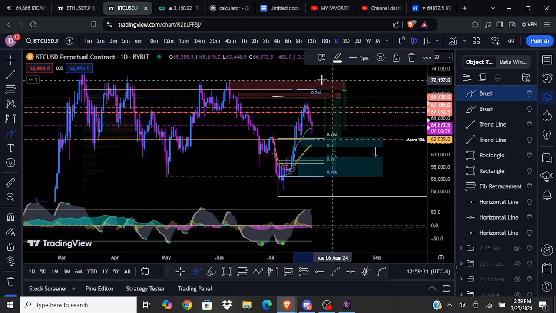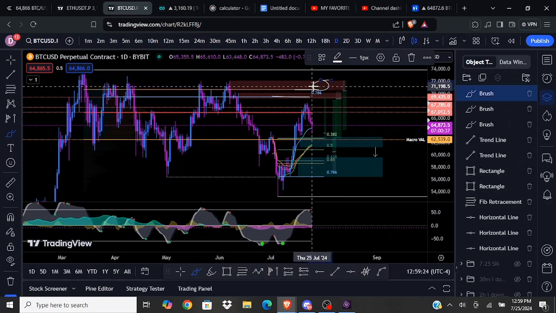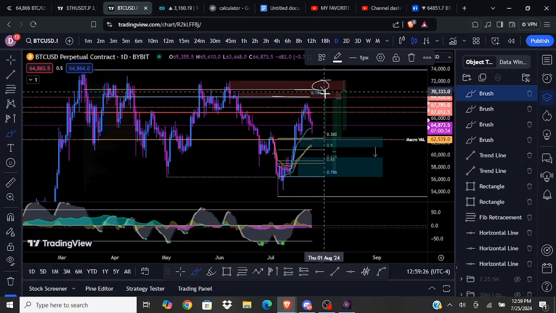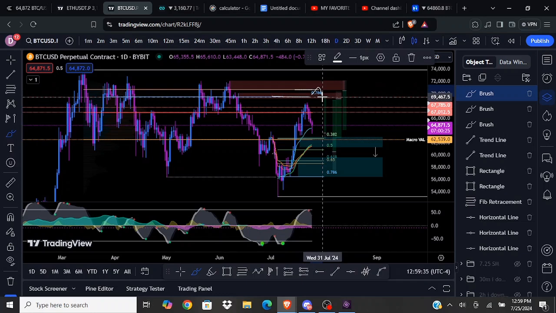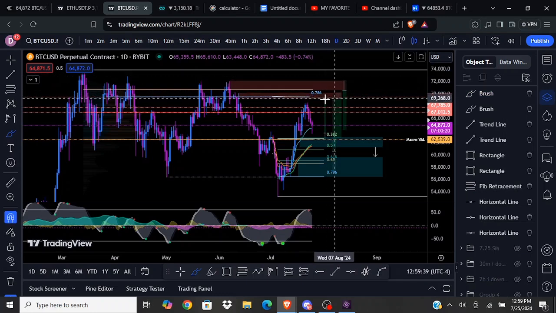Like I said, any shorts I took in this upper box would really have to be a local setup targeting a local move down to point of control, because what could happen is we could reject from value area high, come down, find support on the point of control, and get a move to the upside. Now that still could happen.